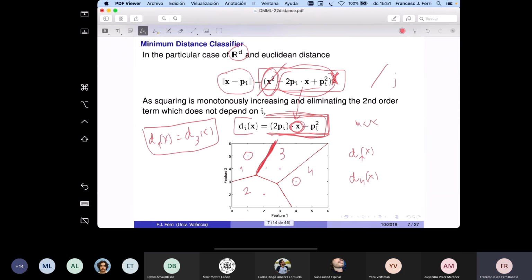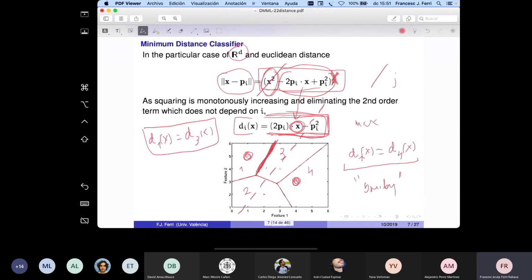So what happens between classes 1 and 4? Well, the boundary between 1 and 4 is more or less this.